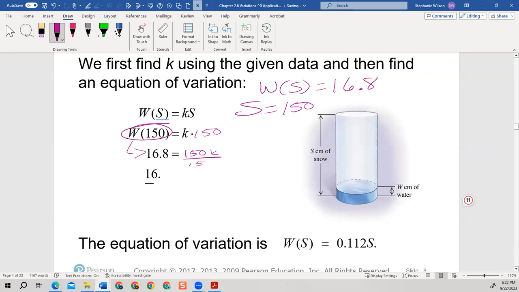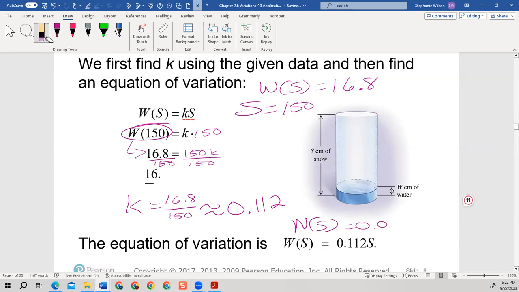Let's divide by 150 because we want k by itself. So now I got k is equal to 16.8 divided by 150, which is approximately 0.112. So here's my variation constant. Now I can rewrite this as this.